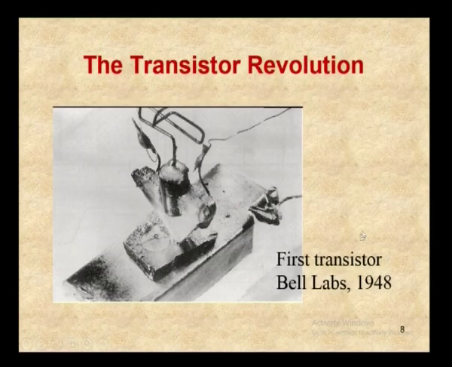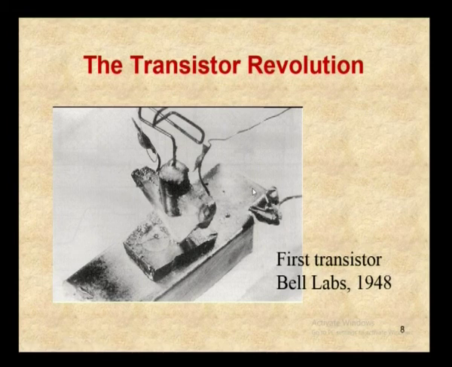Then came the transistor revolution in 1948. In 1948 Shockley and his team invented the transistor. You see the first transistor made by Shockley and his team in Bell Laboratories, USA in 1948. That started a new revolution, and transistors replaced vacuum tubes.